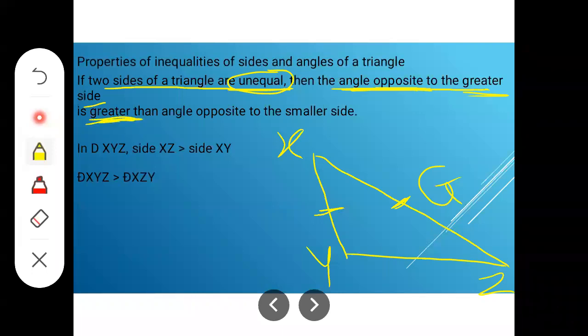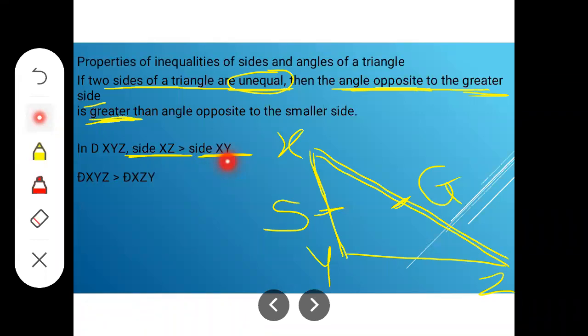So, see here, side XZ is greater, I mentioned, and side XY is the smaller one. So side XZ is greater than, see the symbol here, the greater than symbol. So side XZ is greater than side XY.